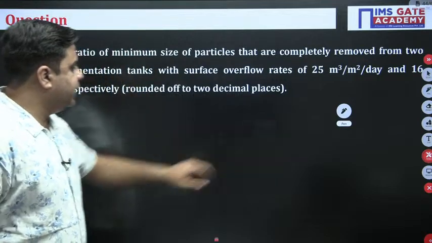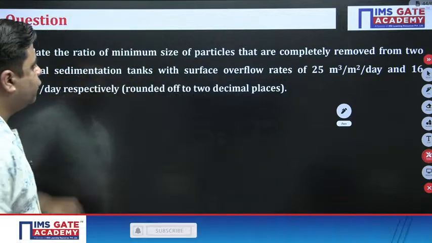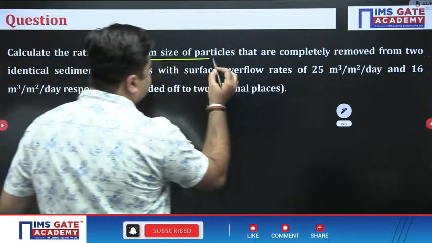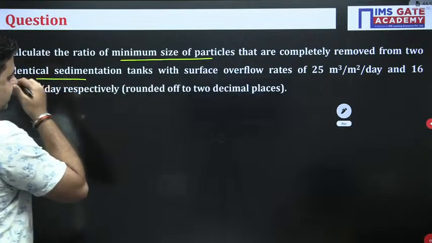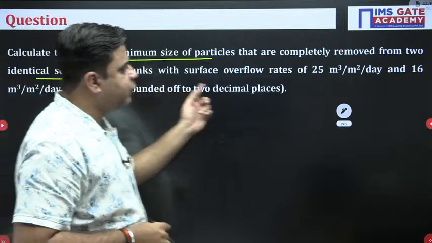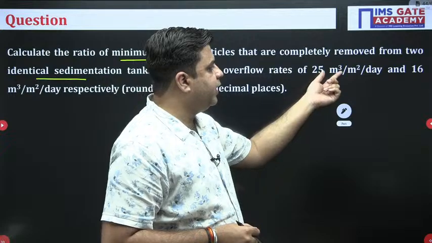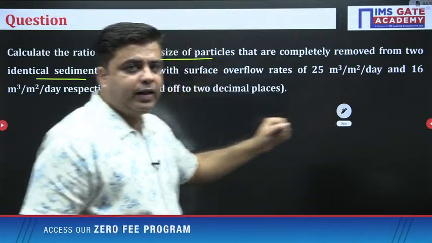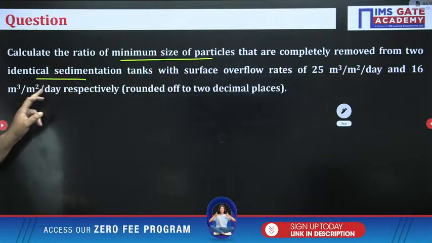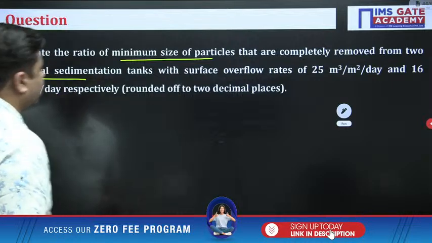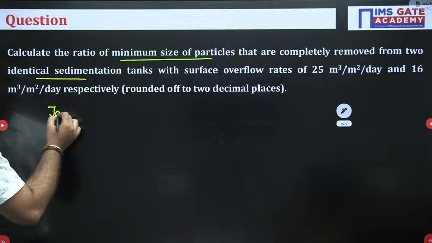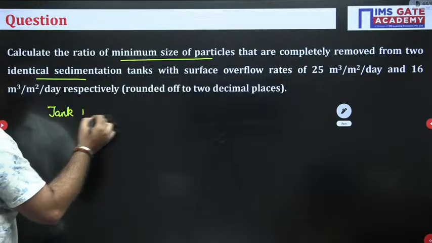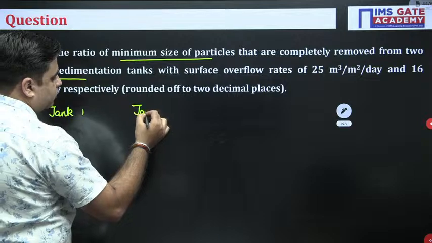The question says: calculate the ratio of minimum size of particles that are completely removed from two identical sedimentation tanks with surface overflow rate of 25 meter cube per meter square per day and 16 meter cube per meter square per day. So there are two tanks, tank 1 and tank 2.